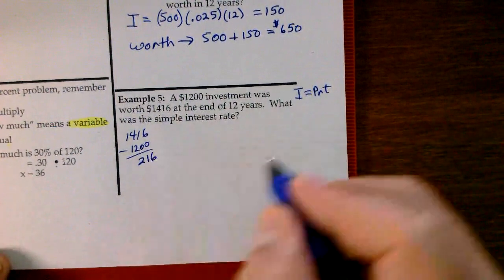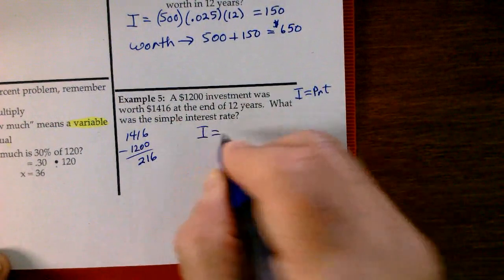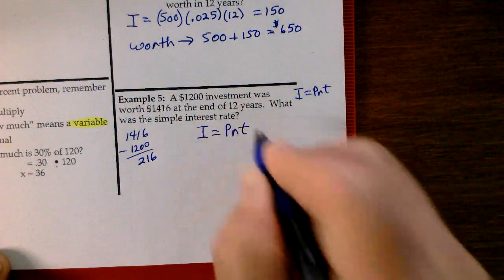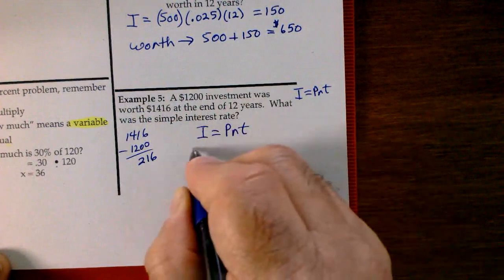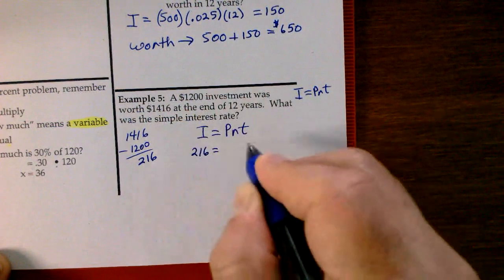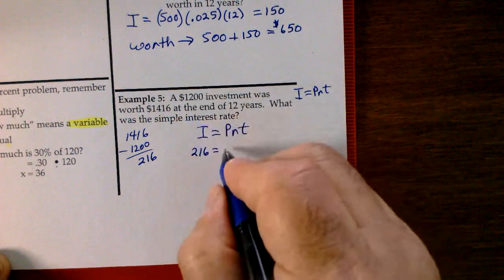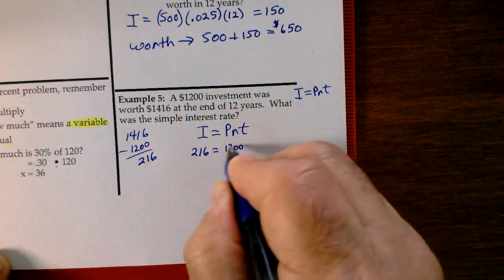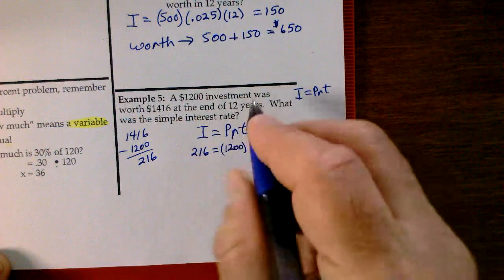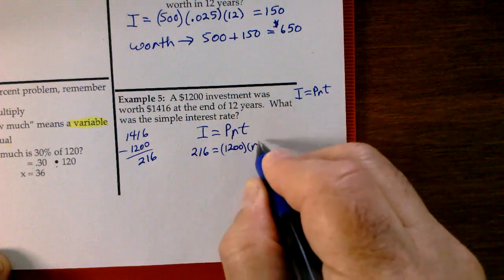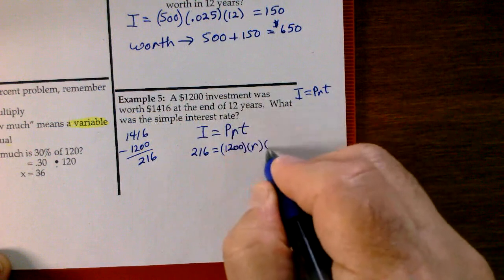That's how much interest was earned. So I'm going to write I equals PRT. Interest earned was 216. We know that the initial investment was 1,200. The R we don't know, but the T we know is 12.